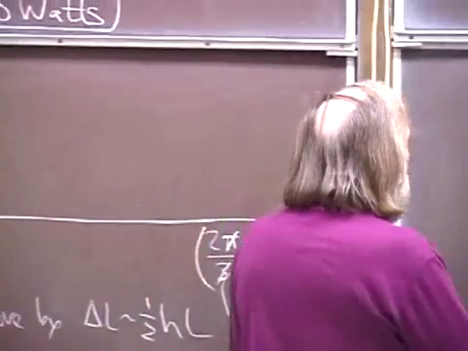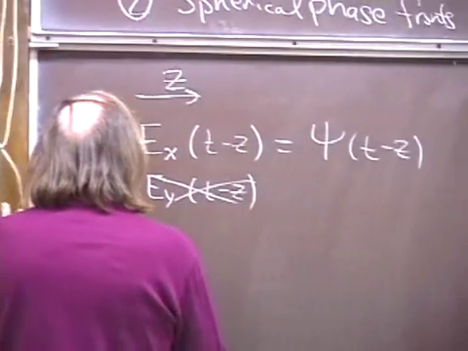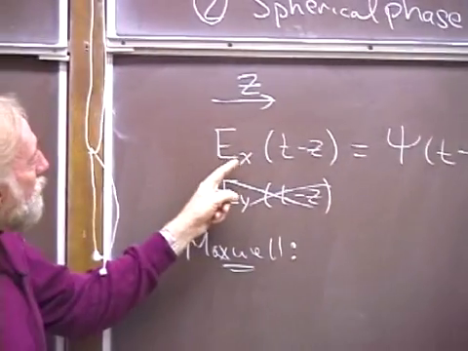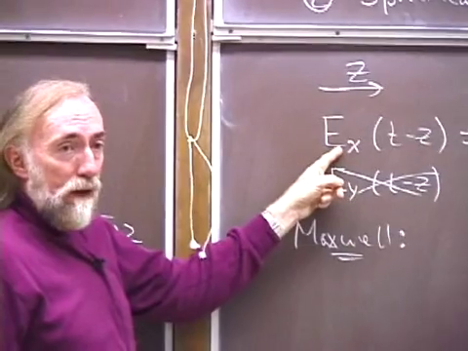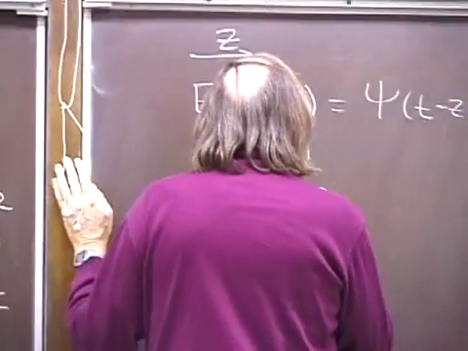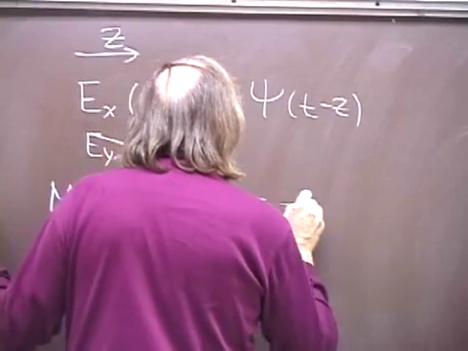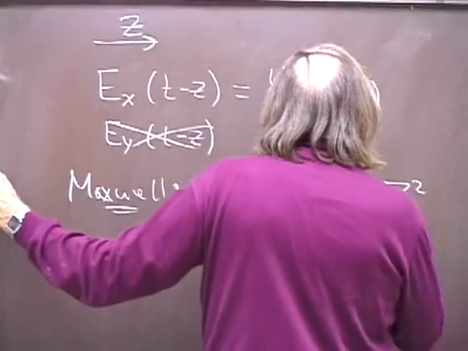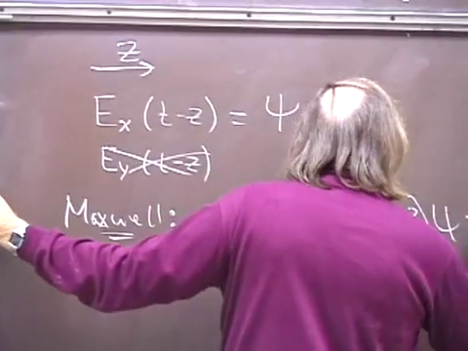We know that Maxwell's equations say that the Cartesian components of the electric field satisfy the wave equation. So box psi, that is minus dt squared plus the Laplacian of psi, is equal to 0.